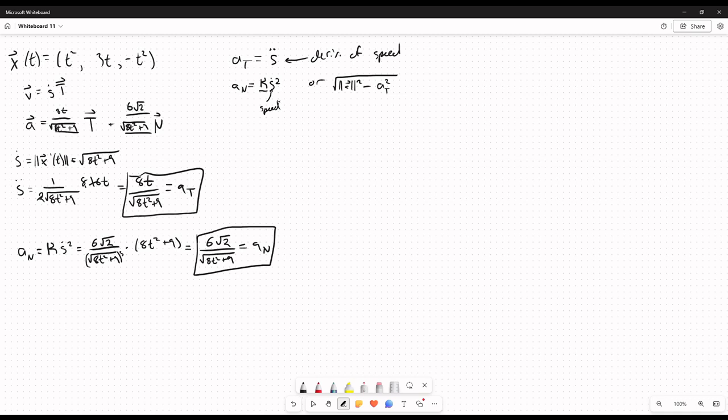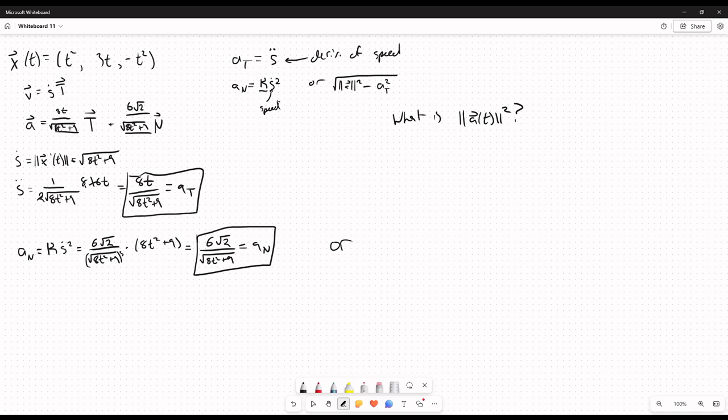Now, let's say we didn't have the curvature and we didn't feel like doing the work to find it. We have another formula that relates the norm of acceleration squared and the tangential component to the normal component. So what we can do is start by finding the norm of acceleration squared.